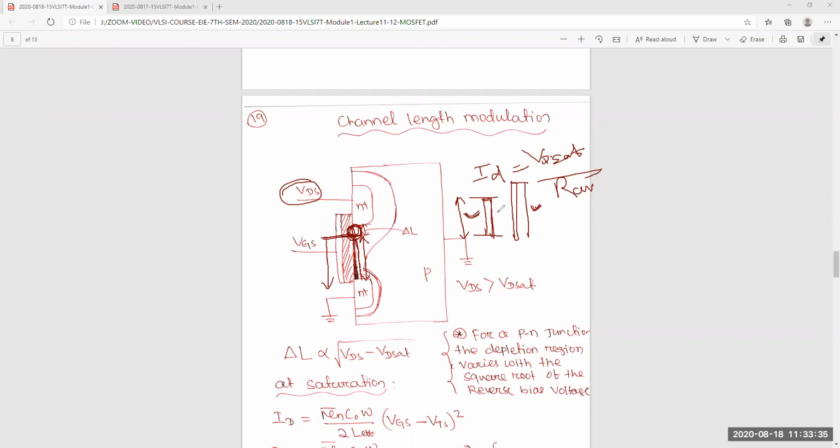Yes, sir. For a very detailed quantitative analysis we can get a clear picture, but in a qualitative way you can think like this. How is this part increasing after saturation? Though we are using the same VDS at this point, whatever VDS we are using, the only thing that matters is the resistance.